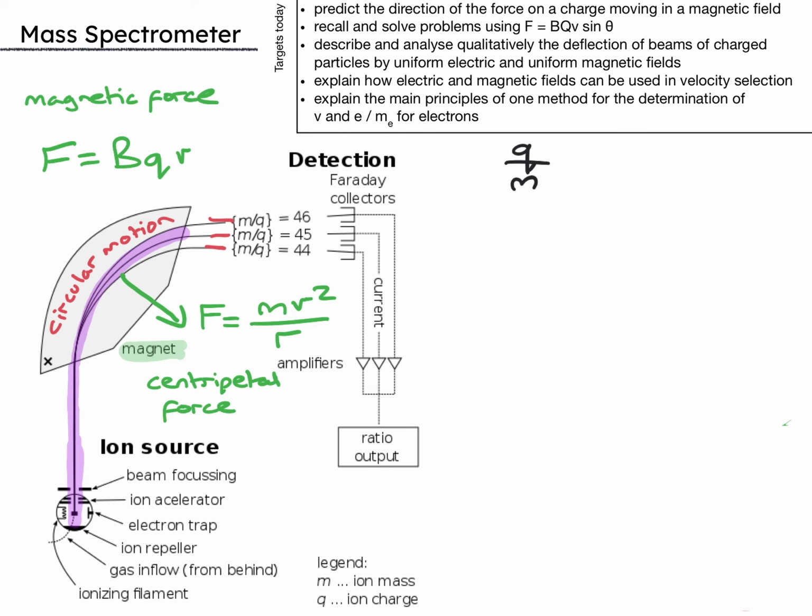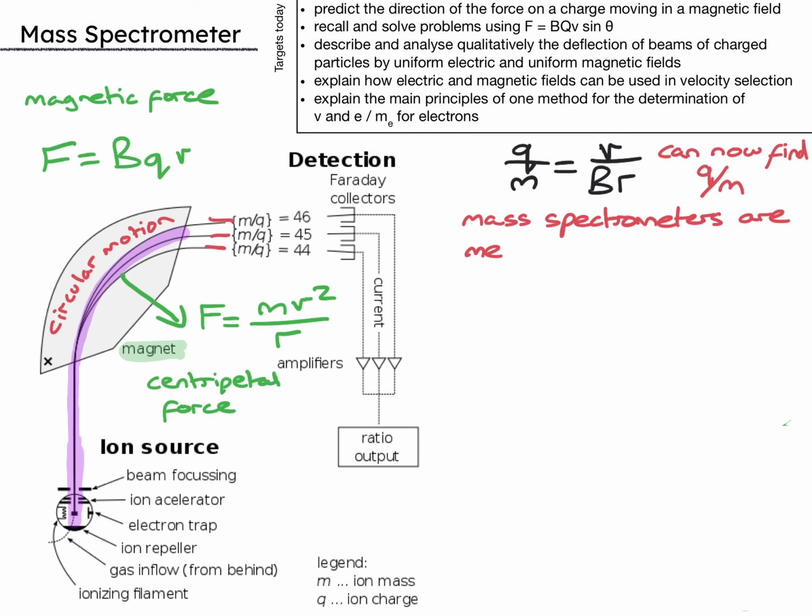We already have the equation from before, Q over m equals V over BR, and now we know V and B, and we can easily measure R. So we now have a detector to measure Q over m, but we wanted a mass spectrometer really, not a charge to mass ratio spectrometer.